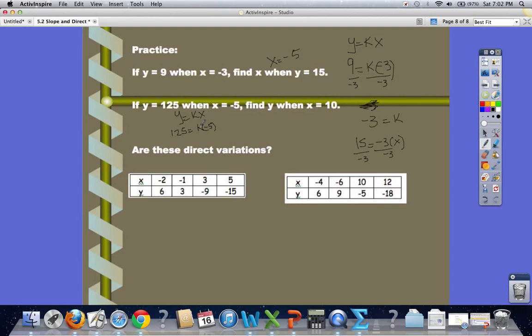Divide by negative 5. K is going to be, let's see, 125 divided by 5 is going to be 25.